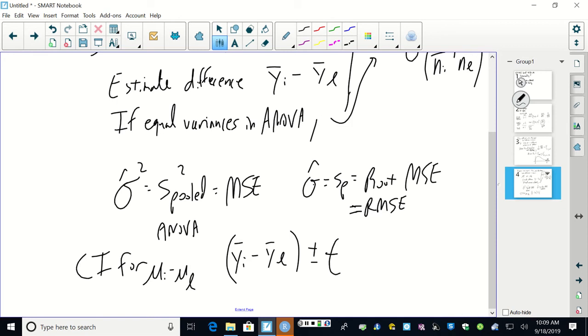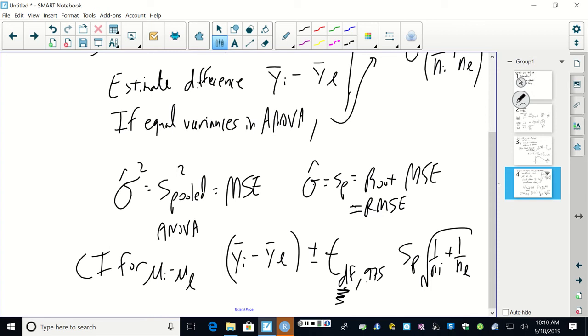We're going to use a t-value with some degrees of freedom, at 0.975, so we get a 95% confidence interval, and then S sub p times the square root of 1 over n sub I plus 1 over n sub L. The question is, which degrees of freedom do we get to use in there? If it was only a two-sample test with only two groups, we could only use n1 plus n2 minus 2. We would use the degrees of freedom from our two sample procedures.